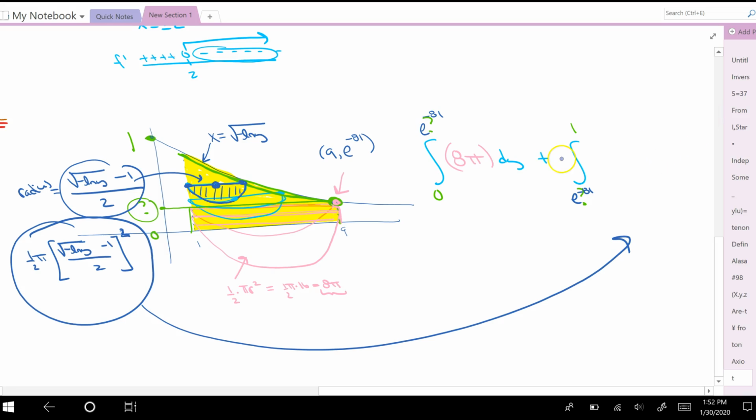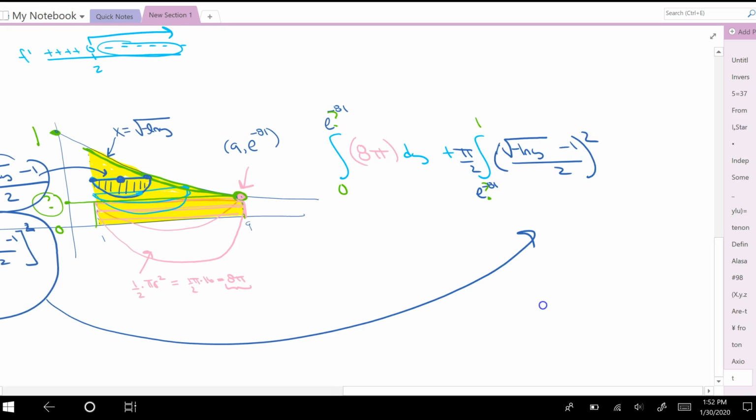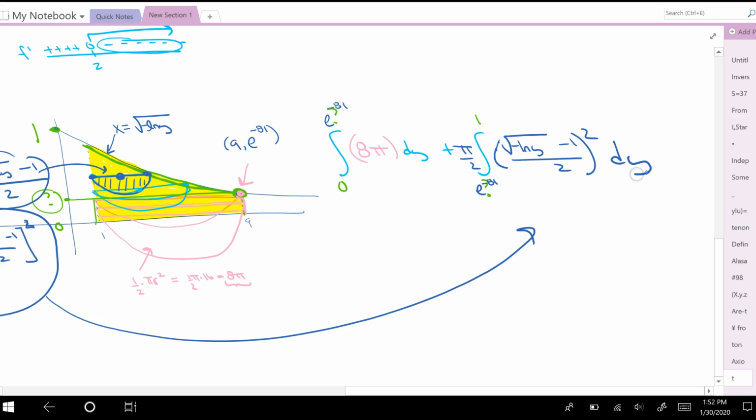I'll pull the pi over 2 out. Okay, good. So we have the root of negative ln(y) minus 1, all over 2, all of that squared, dy.